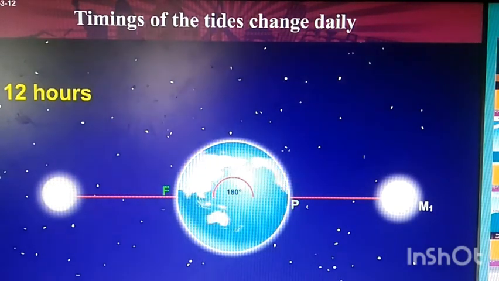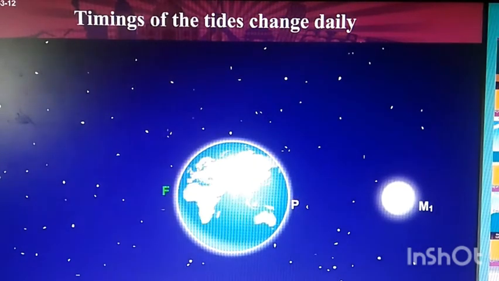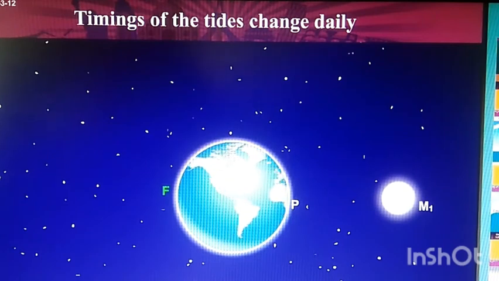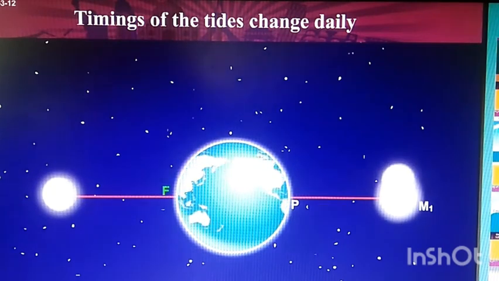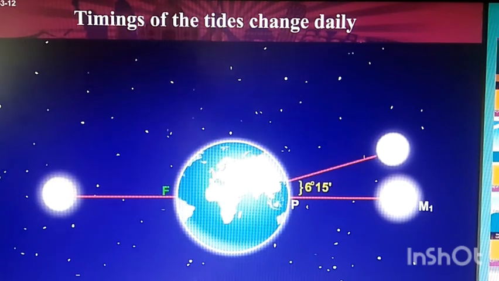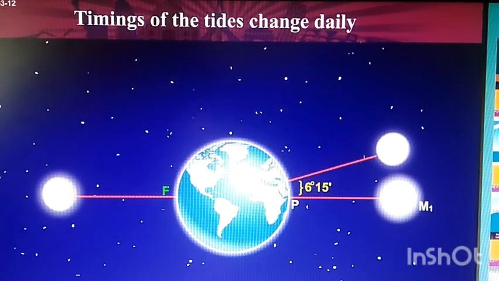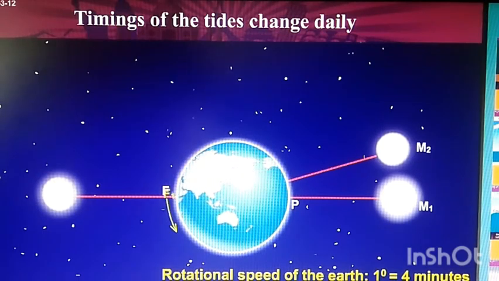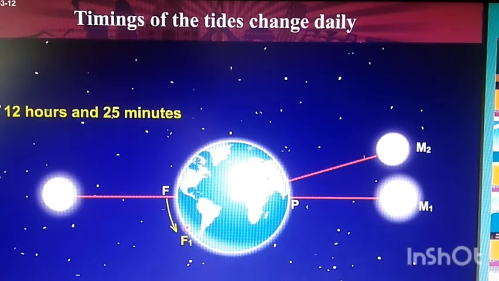The same change will also occur with reference to the point F. Point F will not experience the same high tide because the moon also would have moved a little ahead. Hence, it will take 25 minutes more for the point F to come to the position opposite to the moon.